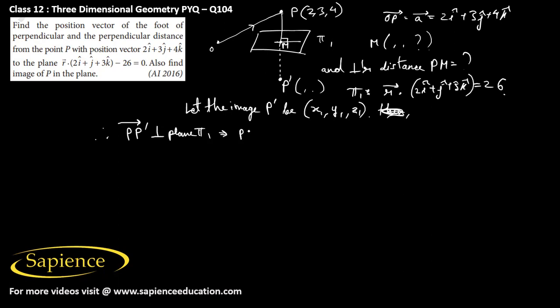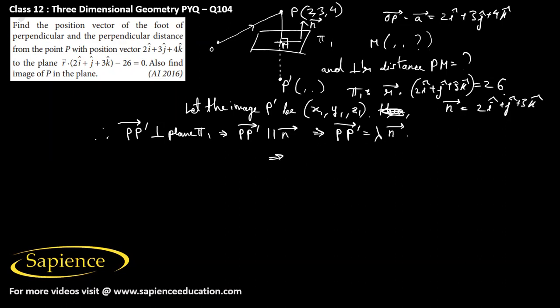This also implies that P dash vector will be parallel to the vector n, which is the normal vector to this plane. So the normal vector to this plane is given as 2i cap plus j cap plus 3k cap. So P dash vector should be parallel to n vector. Therefore, we can tell that P dash vector should be equal to some lambda times n vector.